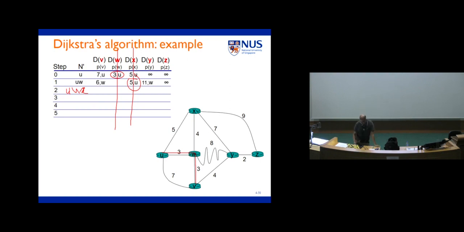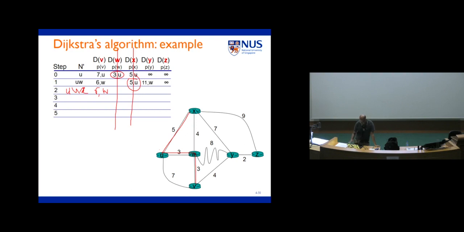Now, what if I go to X? It will cost me 5, but then there is no link between X and V. So this doesn't change. This will stay at 6.